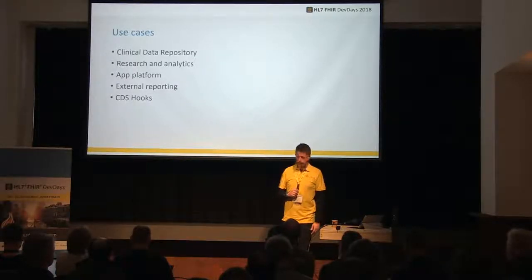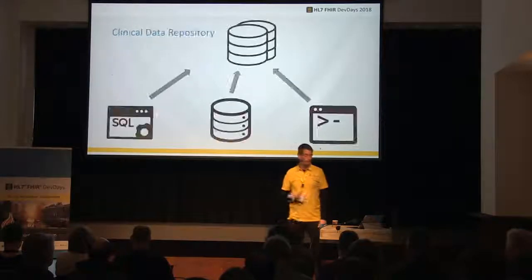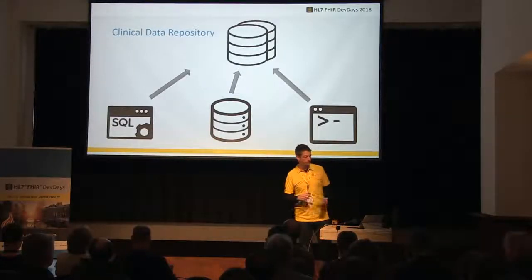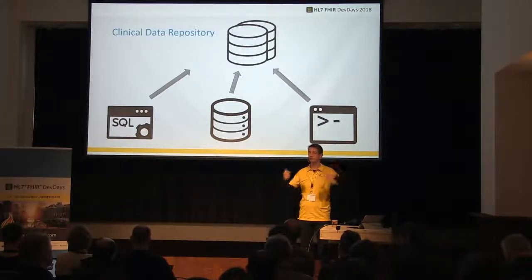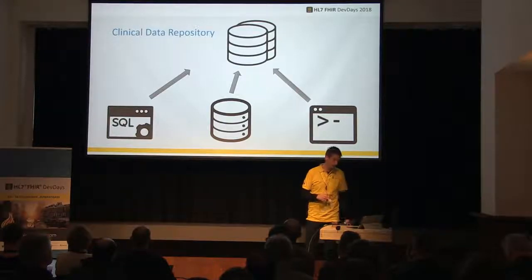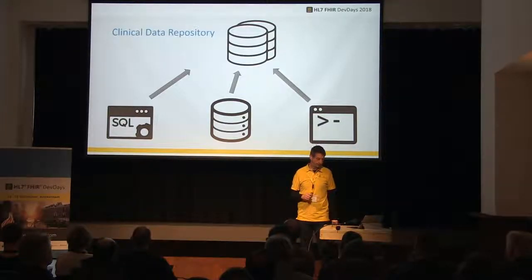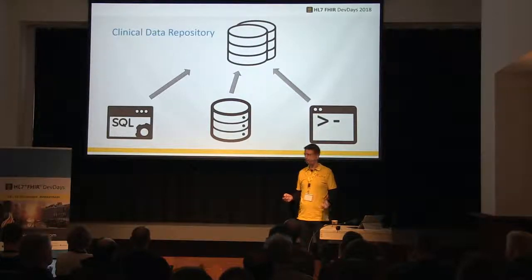Then what do you use it for? I'll go quickly through this list. A clinical data repository. Many hospitals, or other organizations, combine their clinical data into some form of harmonized database from all different kinds of sources. And how cool would it be if you can query that with FHIR?